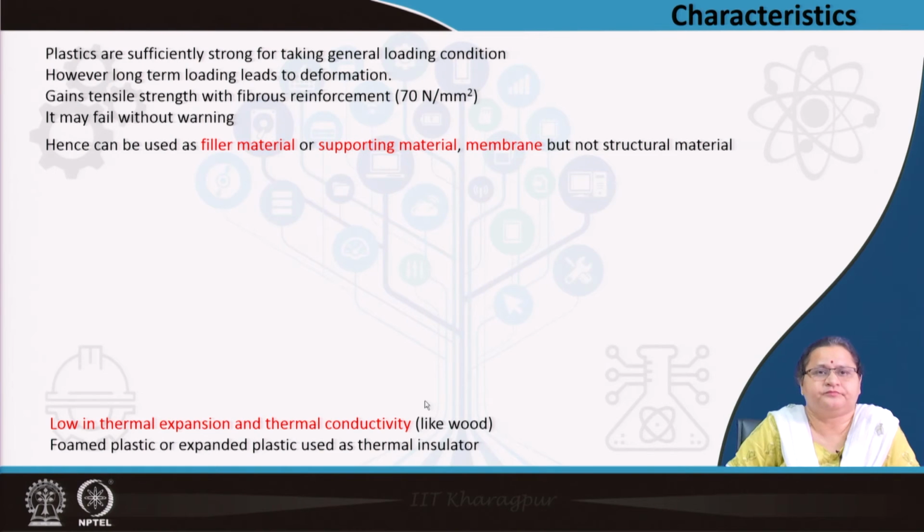Now coming to the characteristics, plastics are sufficiently strong for taking general loading conditions, but long term loading leads to deformation. If you keep something for a long period of time on a plastic chair, the chair may get deformed. It gains tensile strength by putting fibrous reinforcement into it, as we have talked of glass fiber reinforced plastic. Then only you can achieve a higher tensile strength of say 70 Newton per millimeter square.